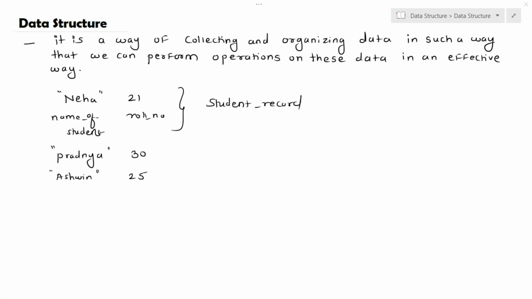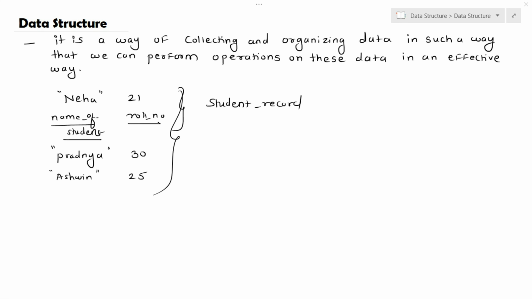So a data structure is a group of data elements that are grouped together under one name, and these data elements are known as members. So these are all student records, and all the string types we name as name of student and all the integer types we name as roll number. So we can group the data elements under one name. So this is called a data structure.